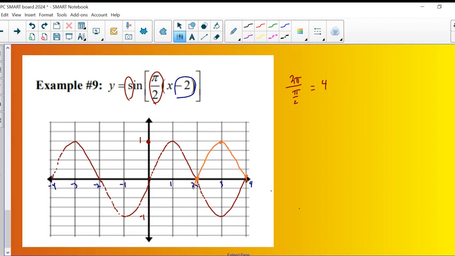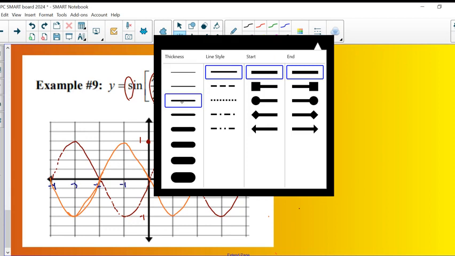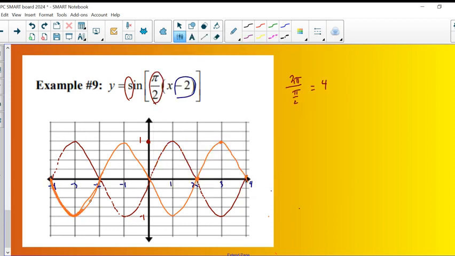As you complete your graph, you pick up the pattern. So 2 to the right is exactly a negative sine wave. Maybe make it a little thicker or highlighted, but that is your final graph.